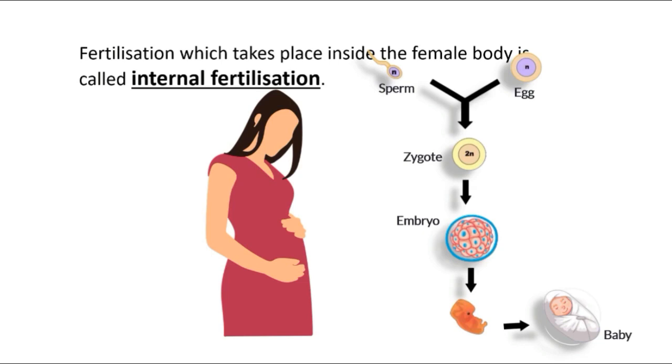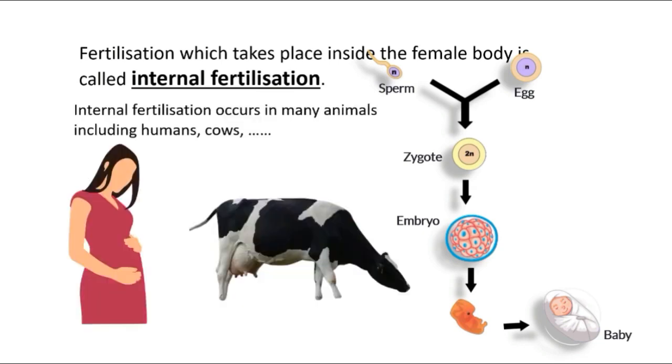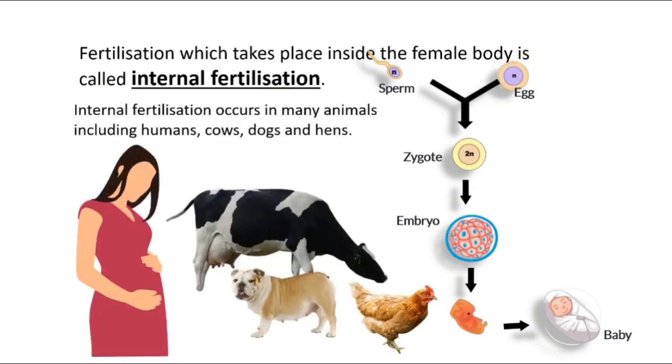And so it is in some animals such as cows, dogs and even the hen. Yes, even in the hen, the fertilization takes place internally. The egg which is coming out of the hen is already a fertilized egg, right? But in many animals, it takes place outside the body of the female.